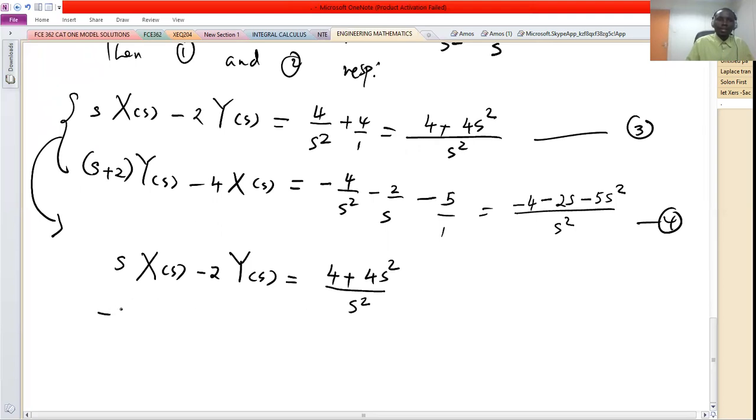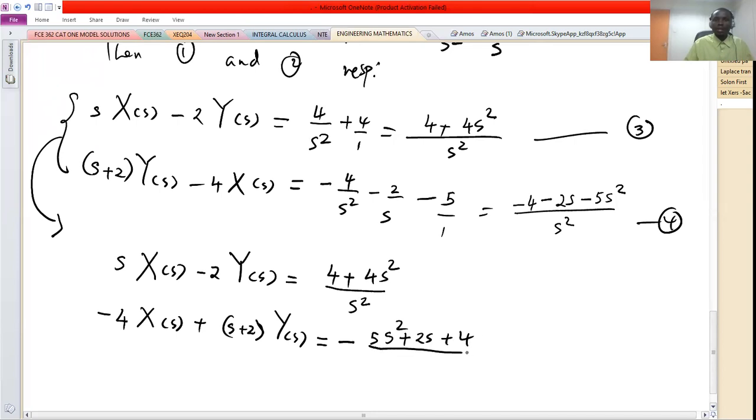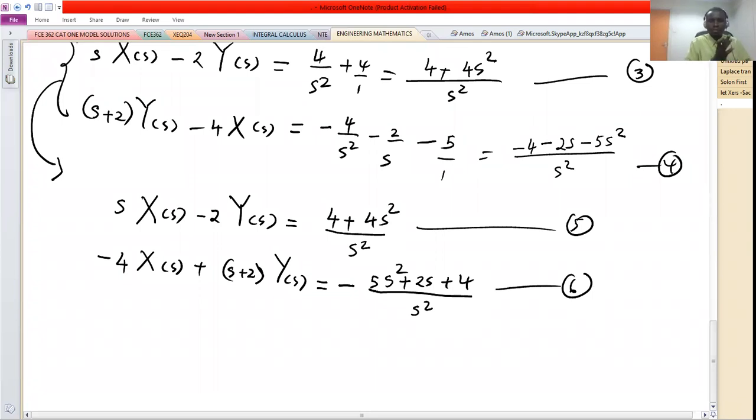And then this I can write as minus 4X of s plus s plus 2 times Y of s equals, factoring out the negative, minus 5s squared plus 2s plus 4 over s squared. Remember, this negative is affecting everything here. Let's call this one 5 and this one 6. So that's the system that we have.